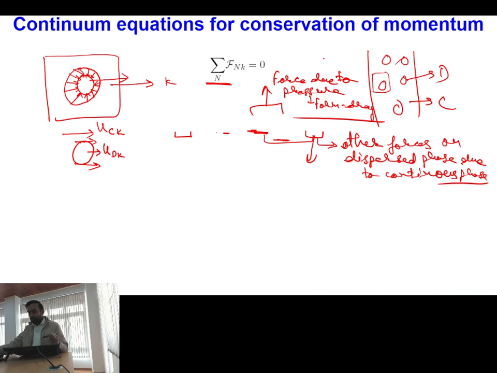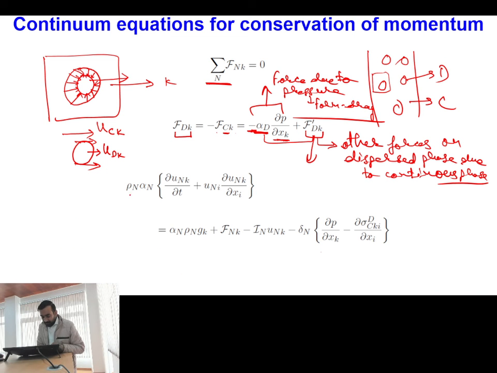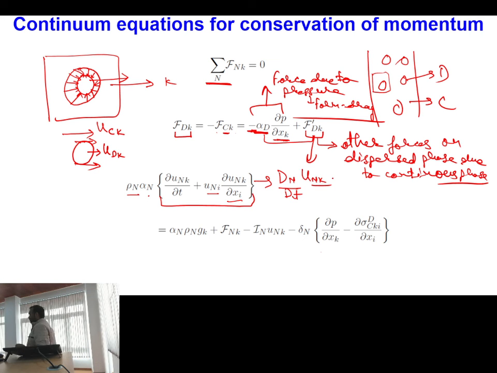So my equation will become rho n alpha n, which is a common term, into del by del t of u n k plus u n I into del u n k by del xi. And this entire thing is nothing but the Lagrangian derivative, d n by dt of u n.